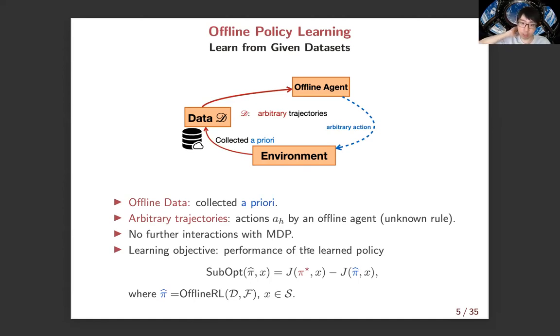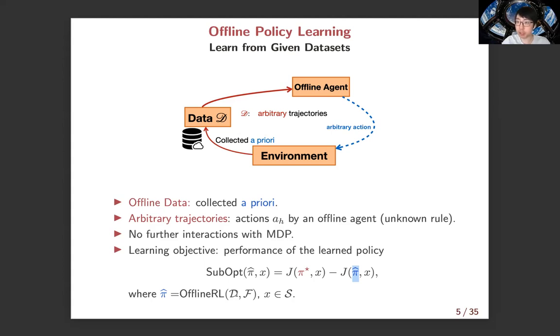And our learning objective is still the same. We want to obtain an optimum policy that maximizes this expected total reward. At the same time, we want to obtain this pi hat, which is an estimator for this pi star. We want to minimize this suboptimality gap.